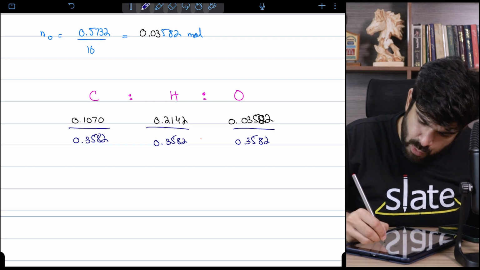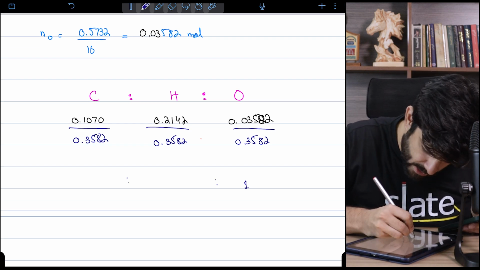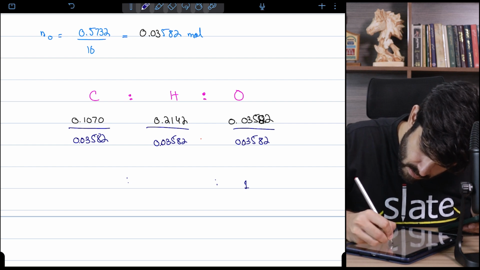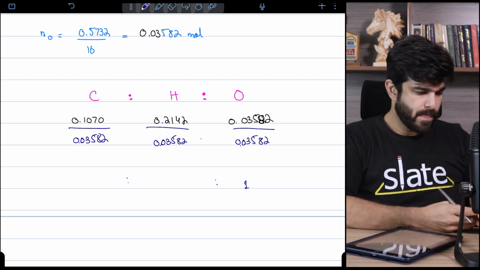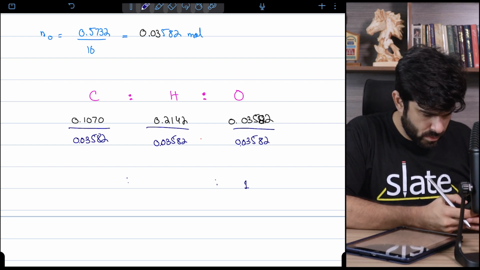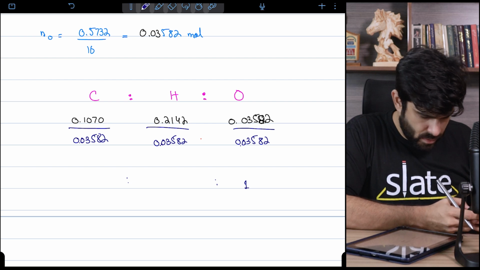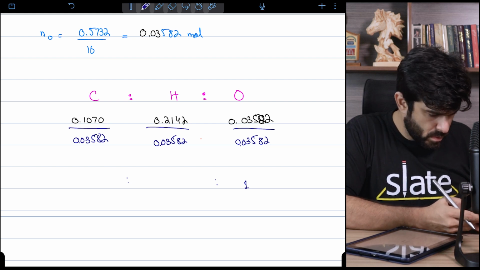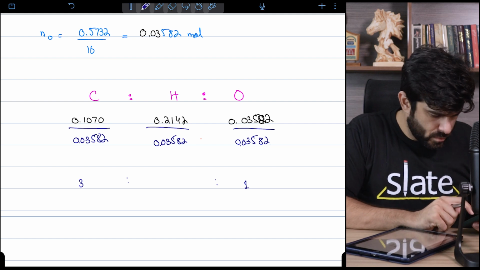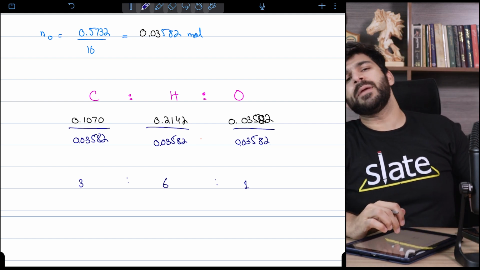We know oxygen gets one ratio. Then let's calculate the values of the other ratios. Again, this is 3 and this is 6.